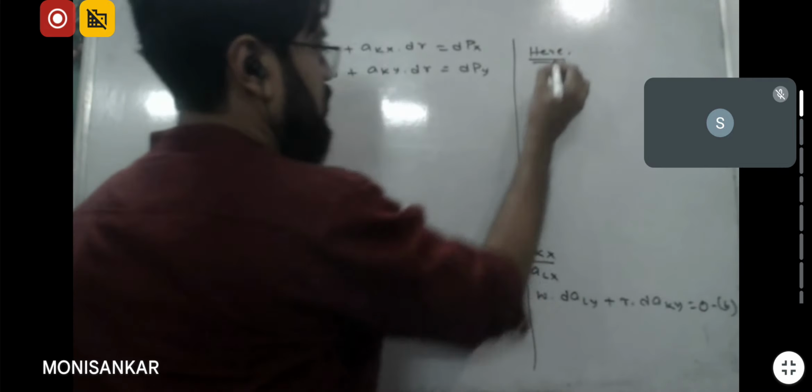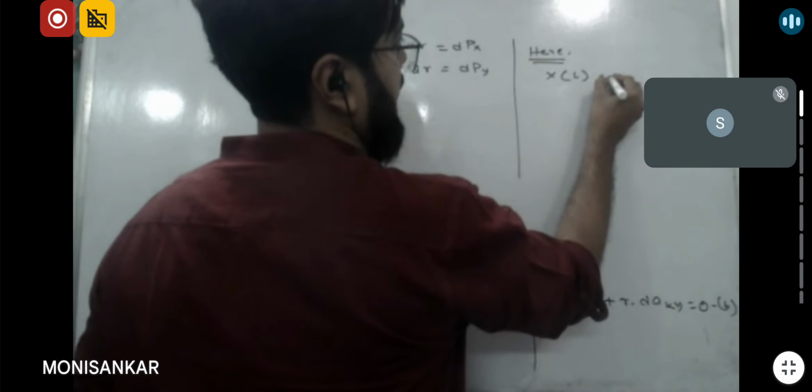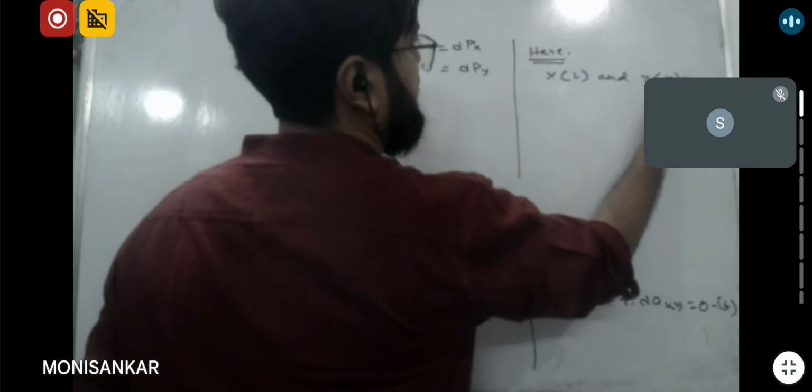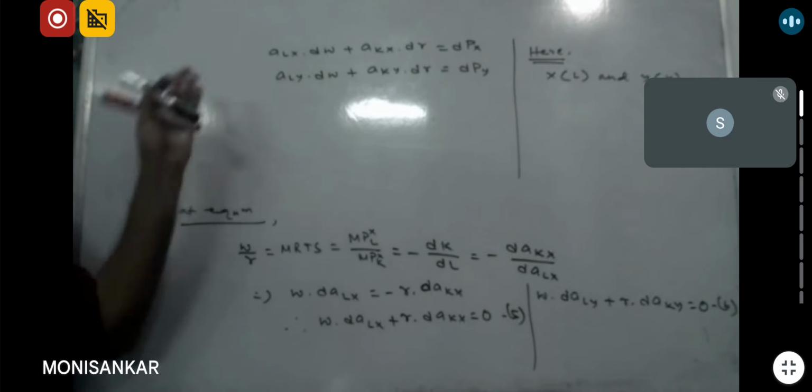Here we consider X is labor intensive and Y is capital intensive in the country by assumption. So if X is labor intensive and Y is capital intensive, is it possible to express the condition with the capital labor coefficient?